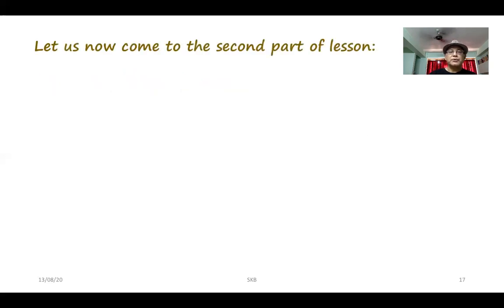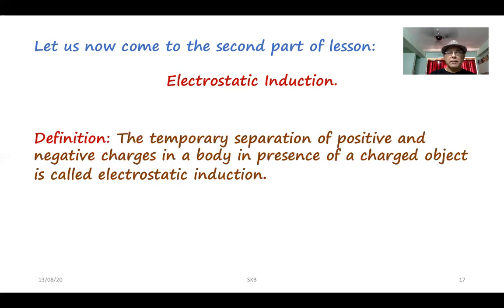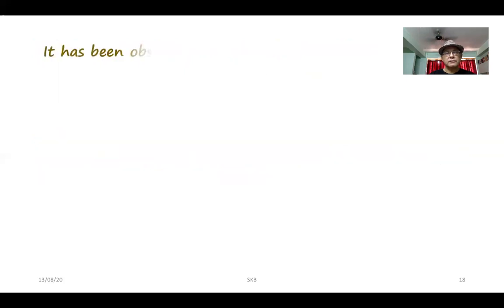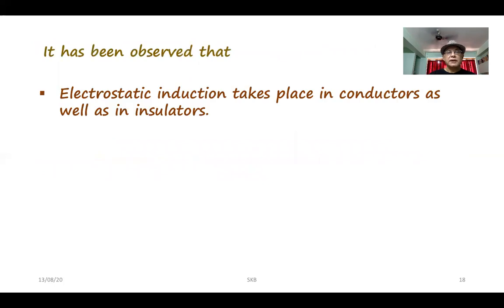Let us now come to the second part of the lesson, electrostatic induction. First, the definition. The temporary separation of positive and negative charges in a body in presence of a charged object is called electrostatic induction. It has been observed that electrostatic induction takes place in conductors as well as in insulators.